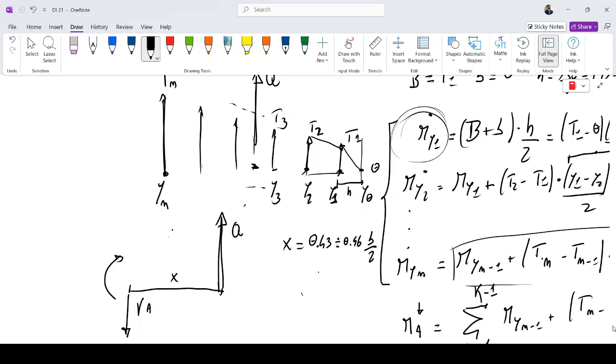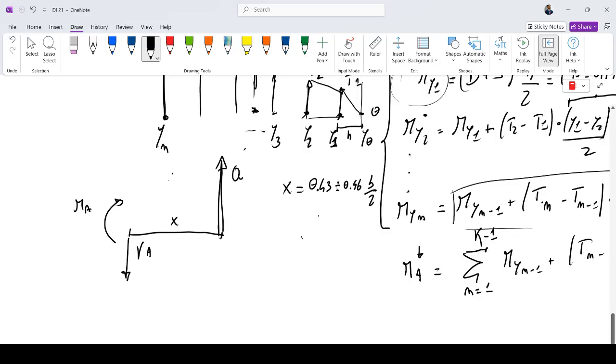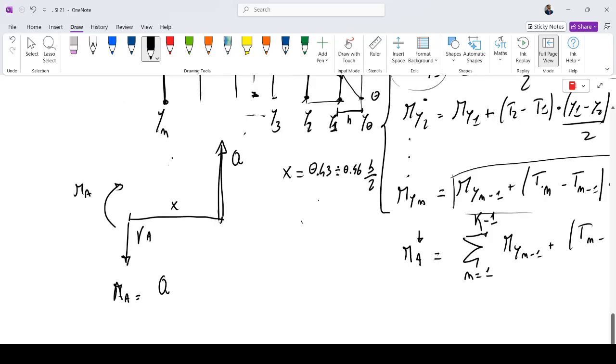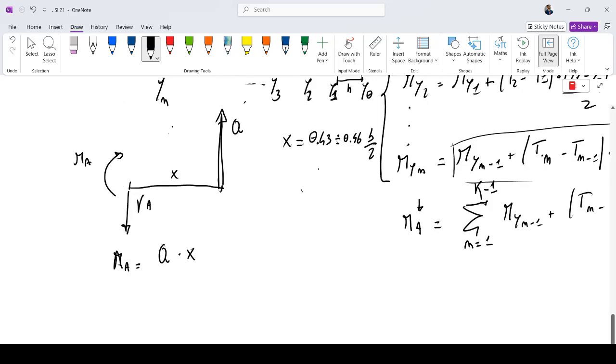This generates the MA, because MA is equal exactly to Q times X. The traction fiber is under the beam, so the moment is positive in this case. Q times X gives us MA.